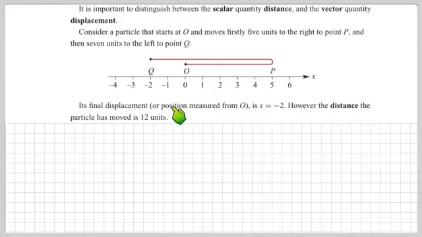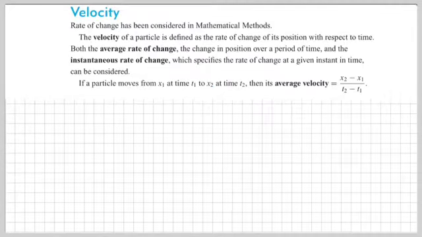They're very different beasties. Displacement is the same as distance if the direction doesn't change, but otherwise it isn't, as in this case where it did change direction. That's very important. The difference between a vector and a scalar is that displacement is a vector, it has a size and a direction, and distance is only a scalar, it just has a size.